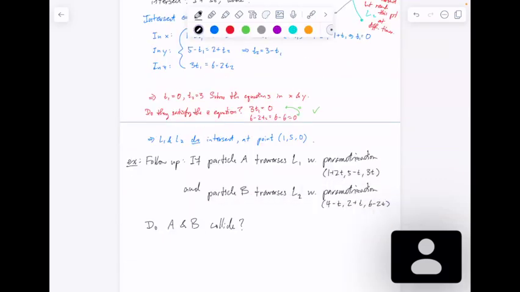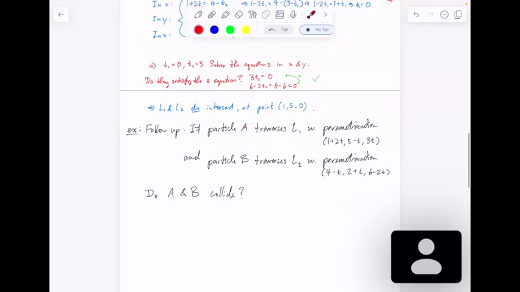When you're asking whether particle A and particle B collide, the clocks do matter now. At every given joint clock time t, you know exactly the point at which particle A is and the point at which particle B is. For them to collide, they have to occupy the same point at exactly the same time t. So in this case, do they collide?